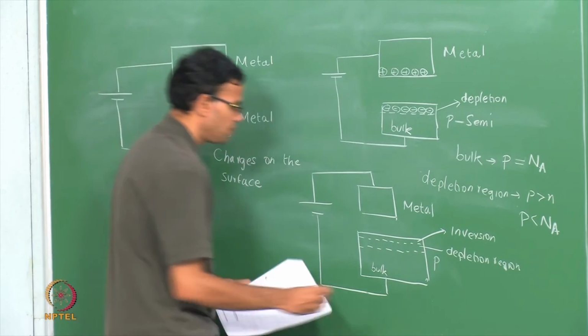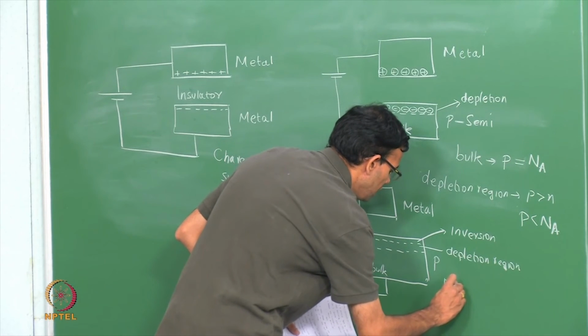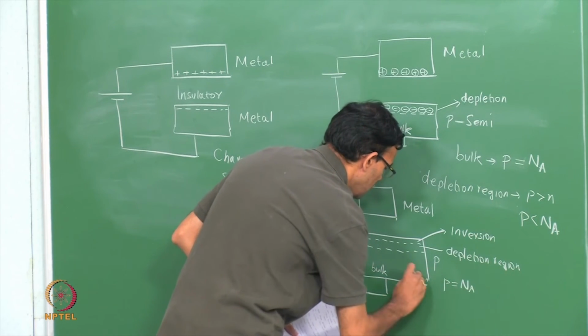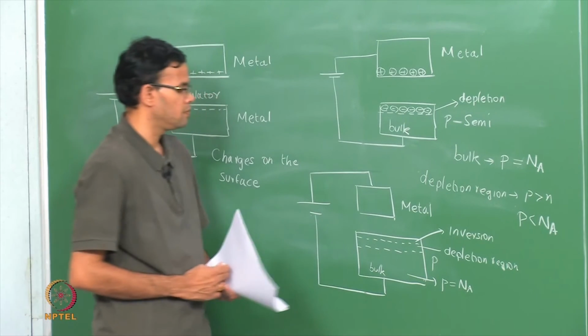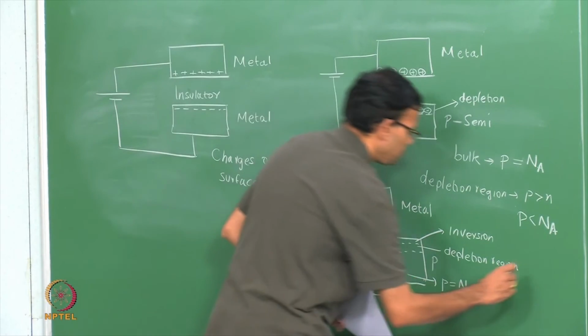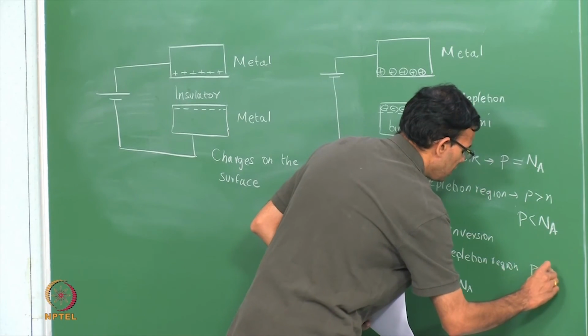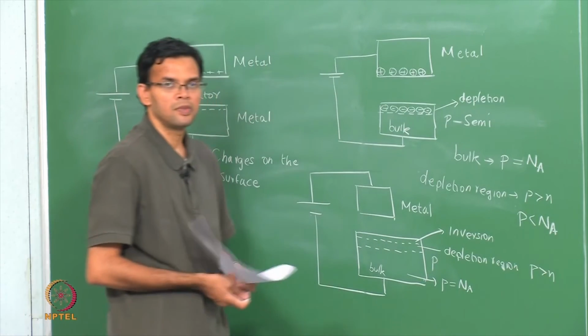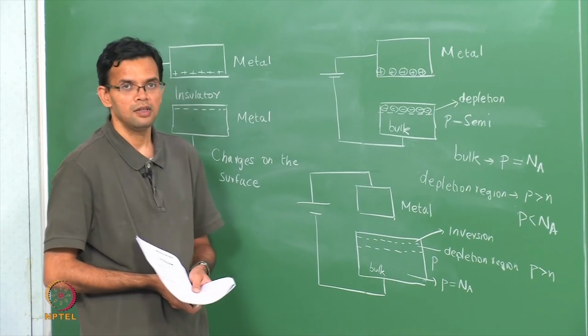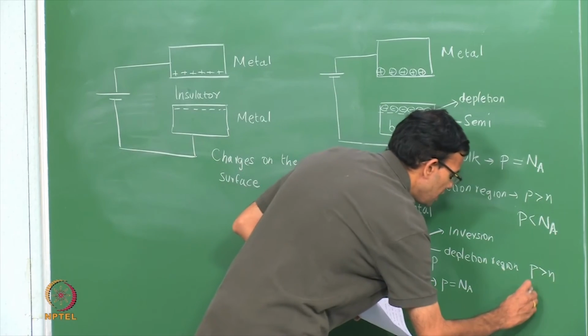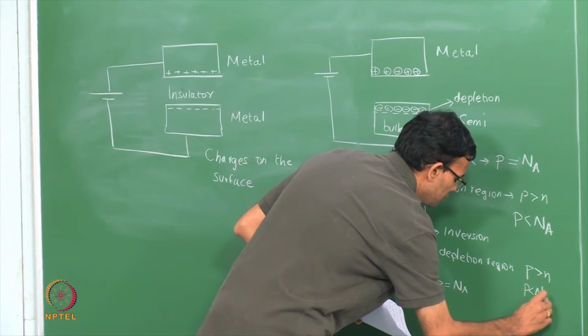So, in the bulk I have P equal to Na. In the depletion region I have P greater than N, so that it is still p type, but P is less than Na.